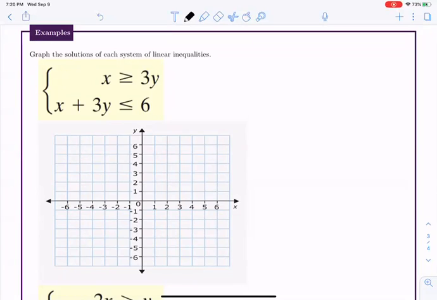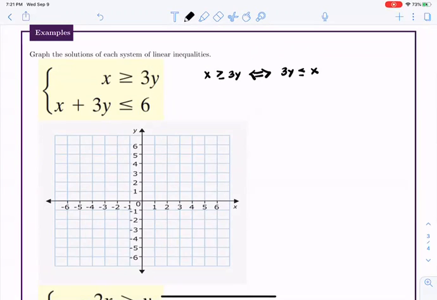So here is another example where we have x greater than or equal to 3y and x plus 3y less than or equal to 6. The first thing to note is that it doesn't look like a line, but both of them are lines. So if x is greater than or equal to 3y, it is the same as saying 3y is less than or equal to x.